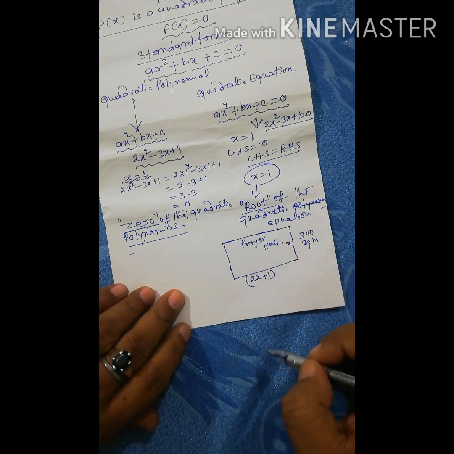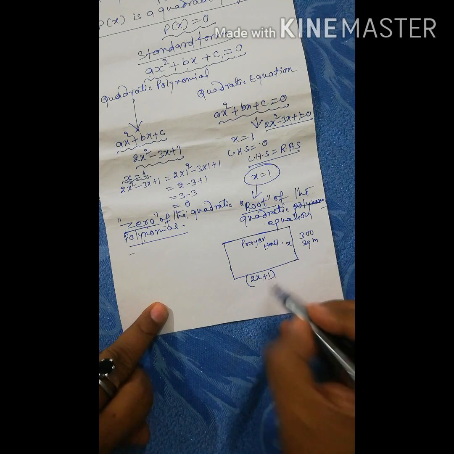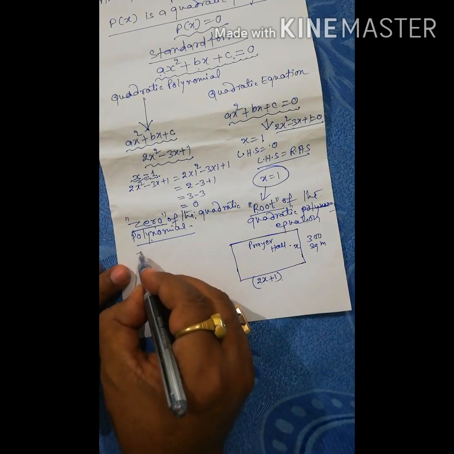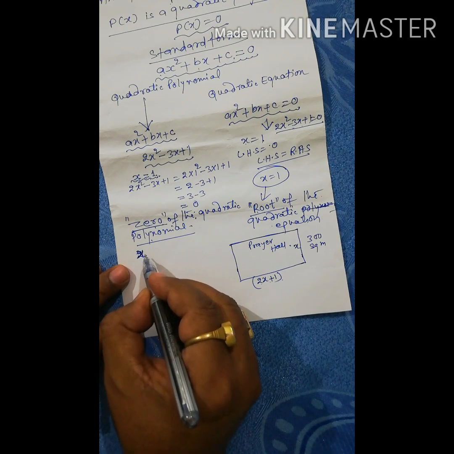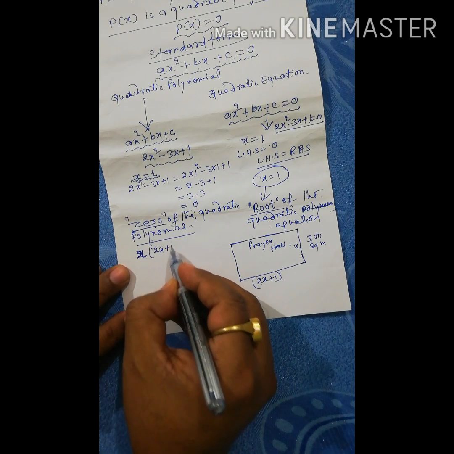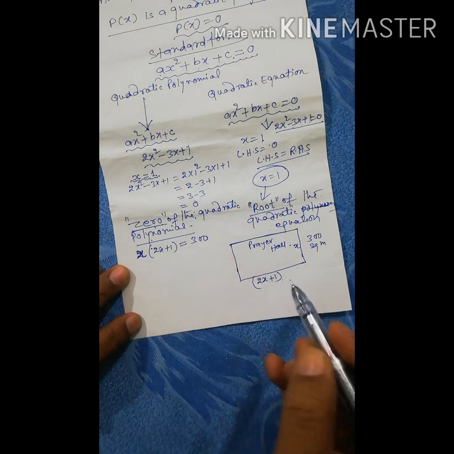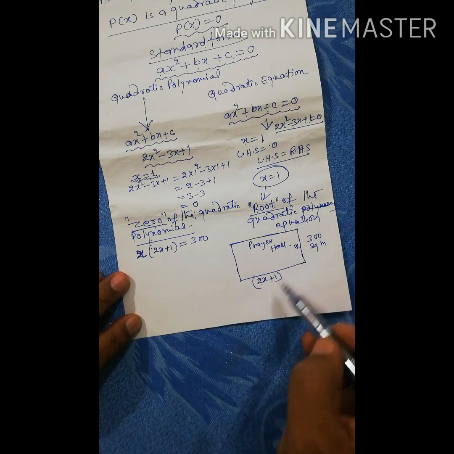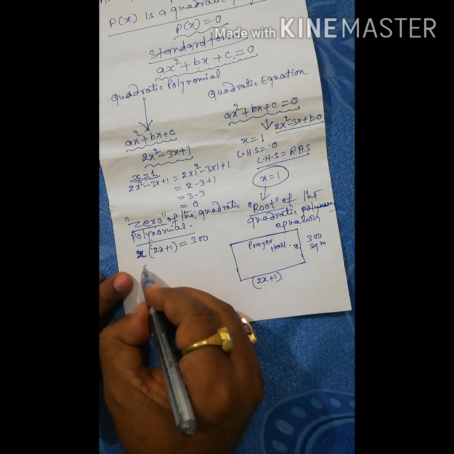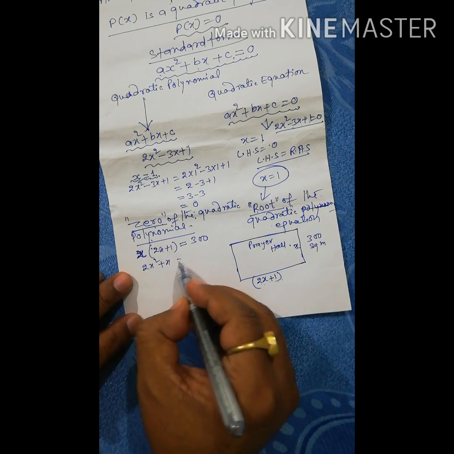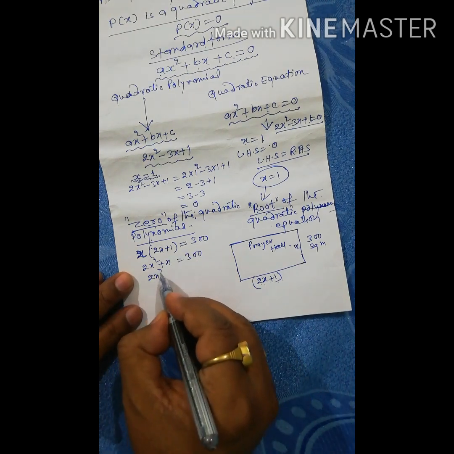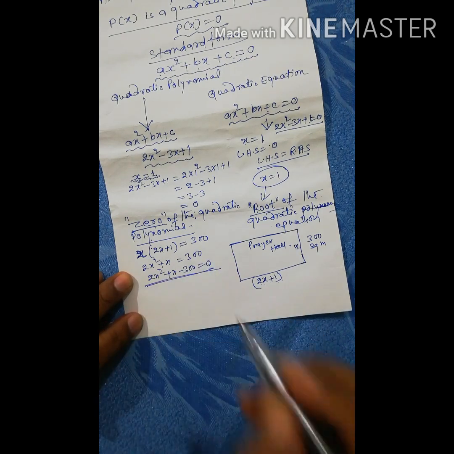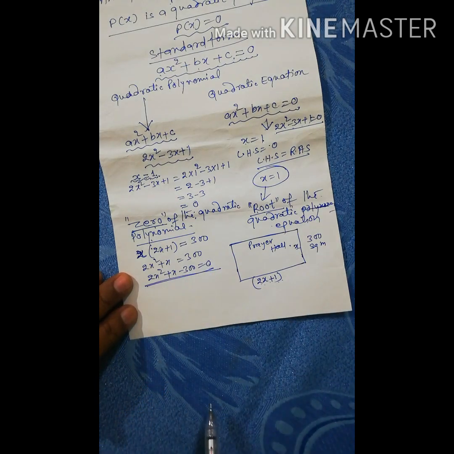If the breadth is x, then the length is 2x + 1. So, x(2x + 1) = 300, since area is length times breadth. That gives 2x² + x = 300, and 2x² + x − 300 = 0. So we get a quadratic equation here.